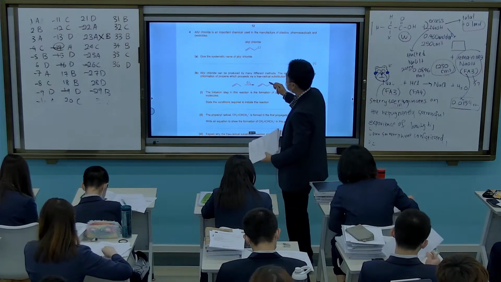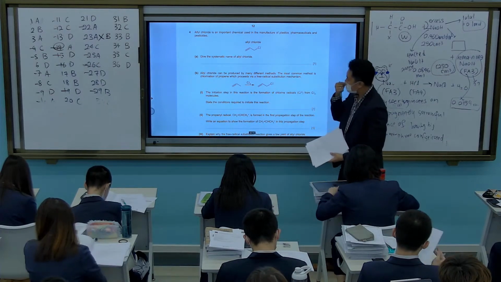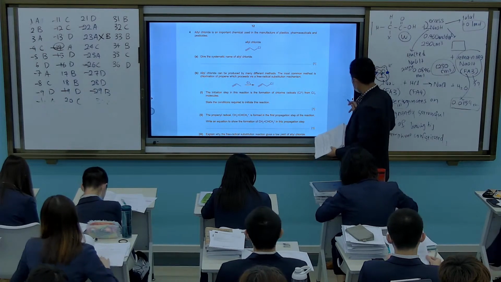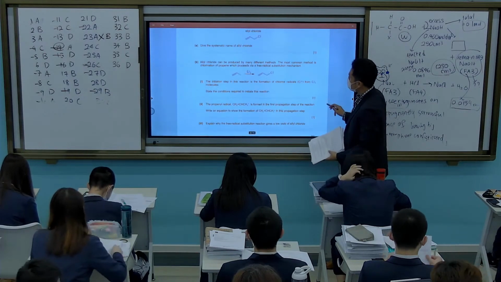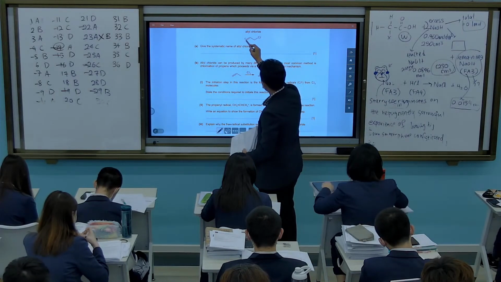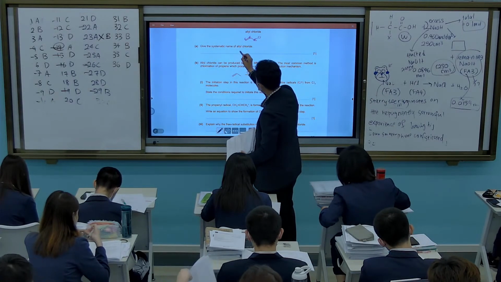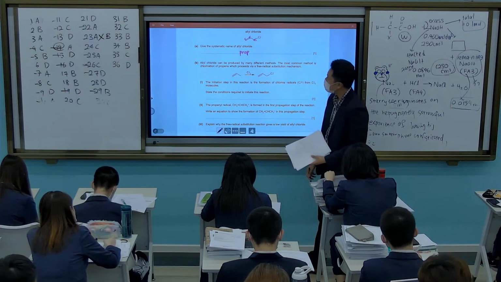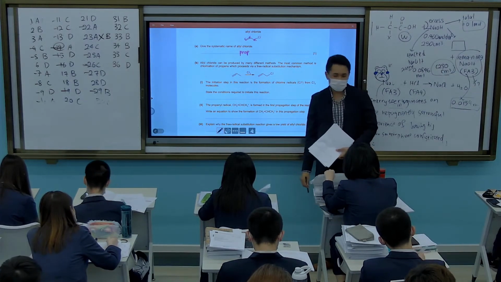For question 4, this one here is the allyl chloride. Give the systematic name of allyl chloride. First of all, write down 1, 2, 3 carbons, so it's a prop. But then the position of the double bond, does it really matter?